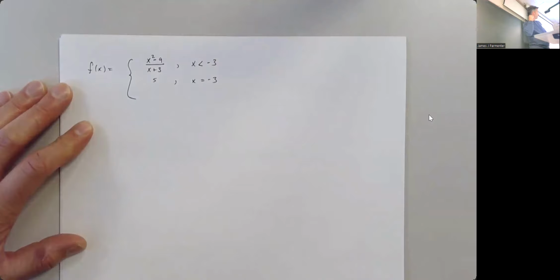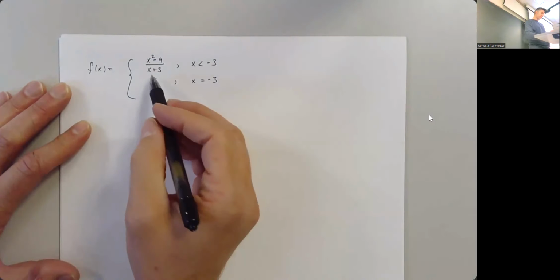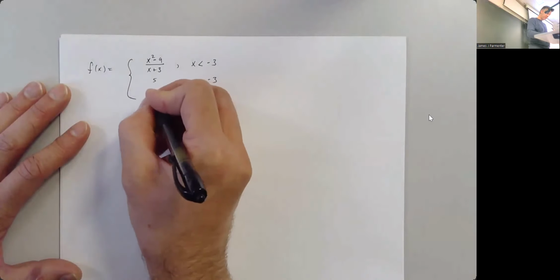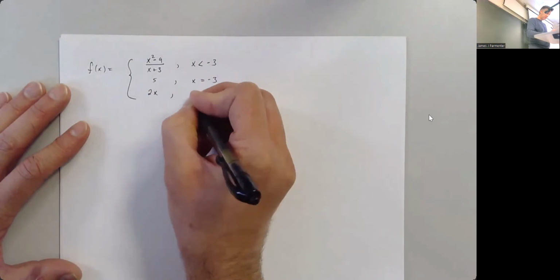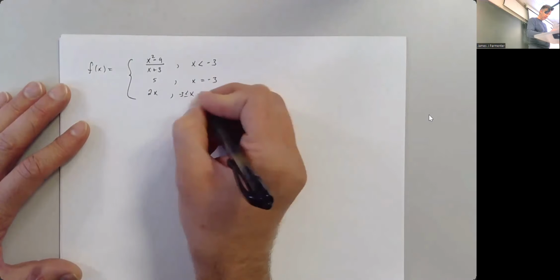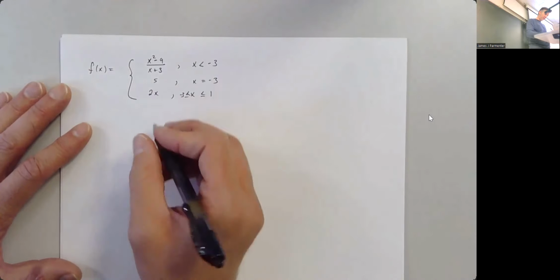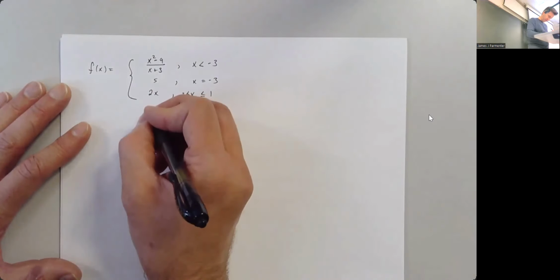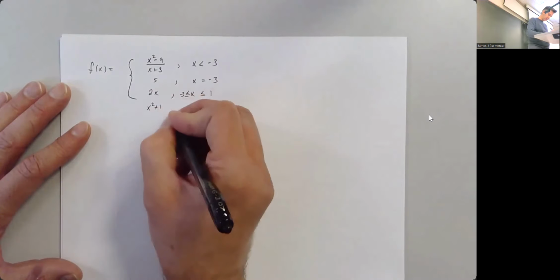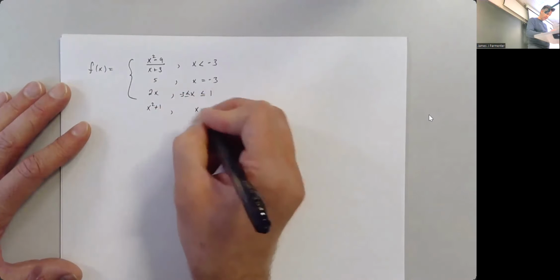It's going to be 2x when x is bigger than or equal to -3 and less than or equal to 1. And finally, there's 4 pieces here, it's going to be x squared plus 1 when x is bigger than 1.